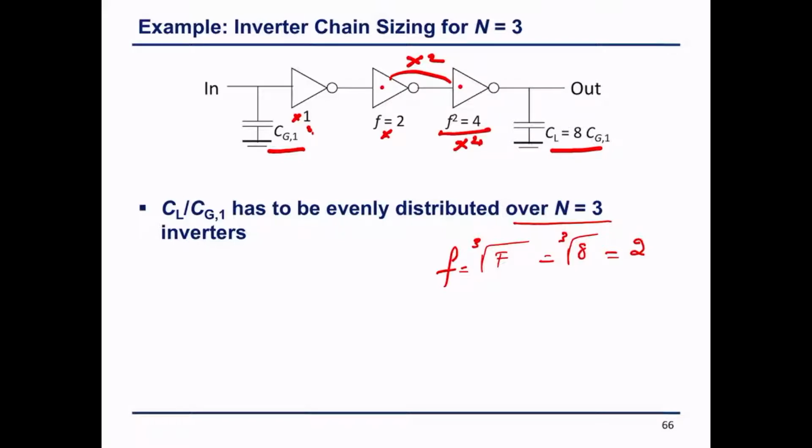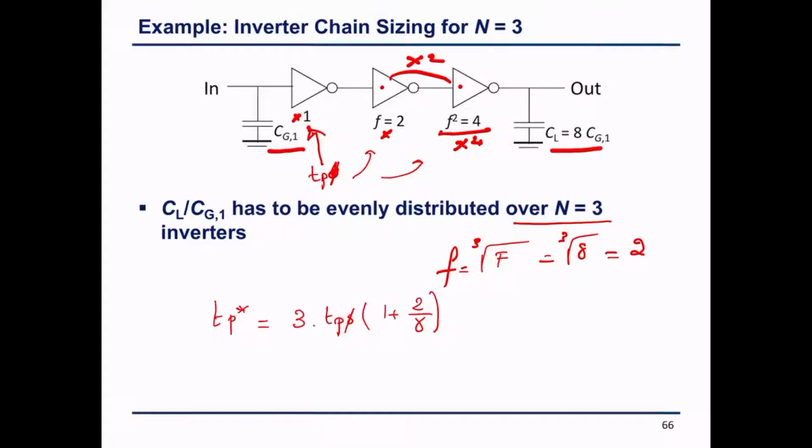If I know that the delay of this one is TP0, which is the intrinsic delay, for each one of these, then I know that the total delay in this case is going to be N times TP0 into 1 plus f over gamma. So now I know how to calculate the delay for each stage, and for the whole 3 stages.